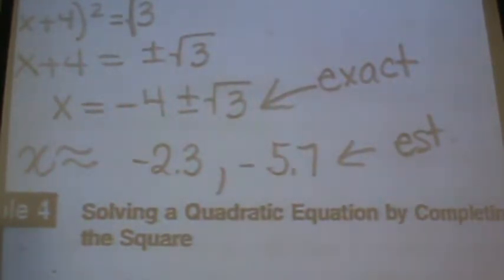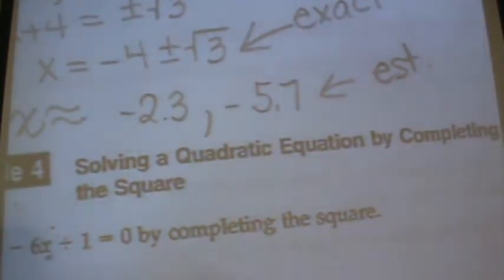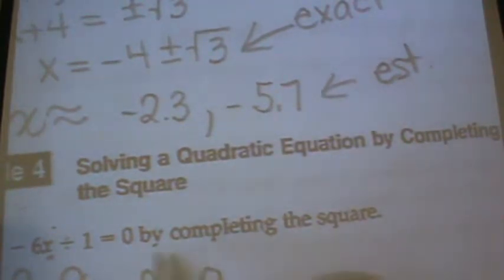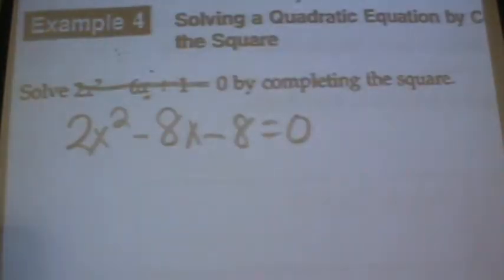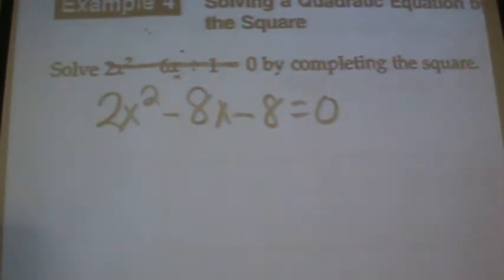Okay, the next one. I want you to turn this problem, I'm gonna change it. I want you to make this 2x squared minus 8x minus 8 equals 0. We're not gonna do that one. This is the example. Do you remember completing the square? The steps involved in completing the square? So you move the c value over to the other side.